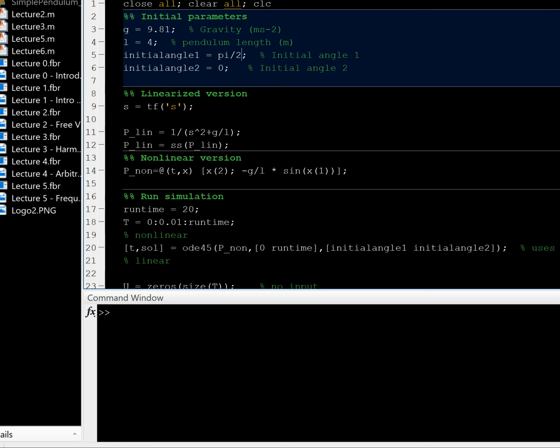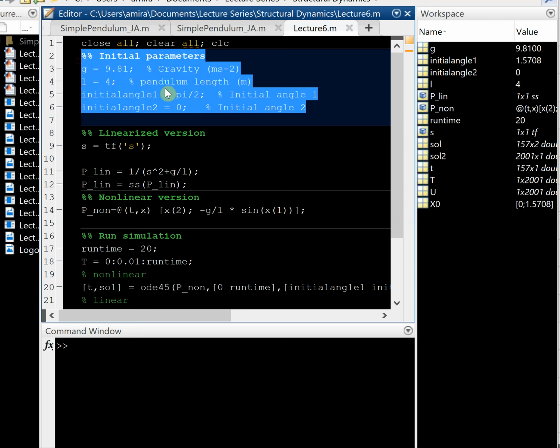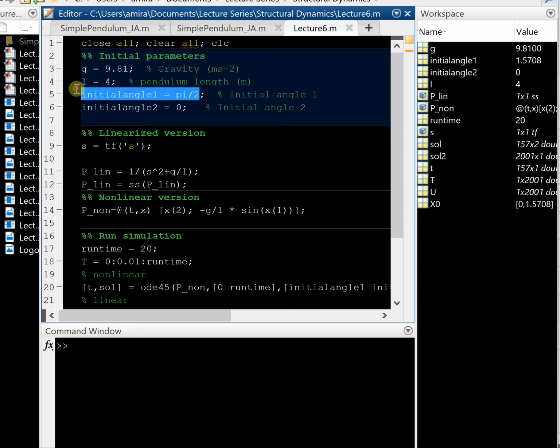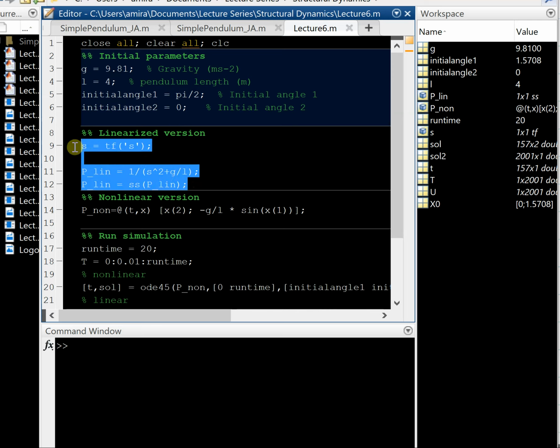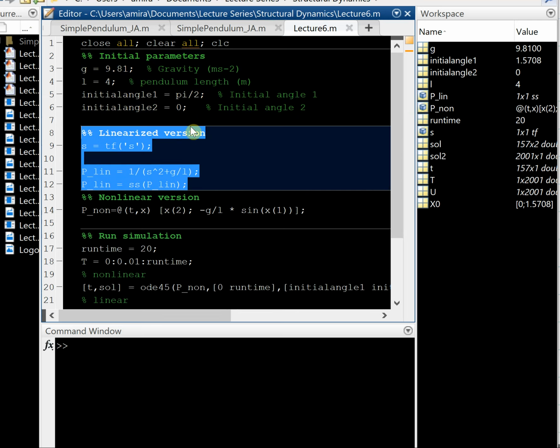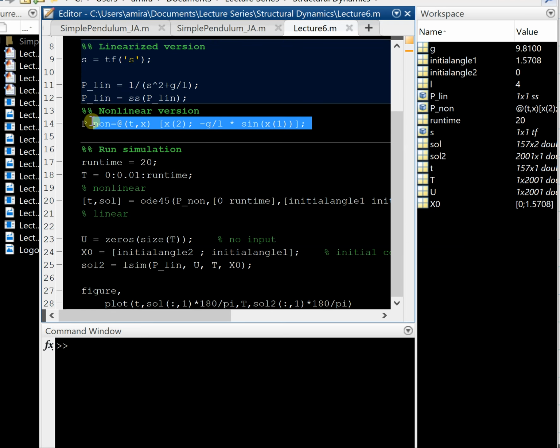And here it is. This is my MATLAB script. I am initializing my parameters. The first initial angle is for my rotation, and the second initial angle is for my second state, which is, excuse me, it is for the velocity. And I have developed my linearized version of the equation of motion here, and I've also developed my nonlinear version here.